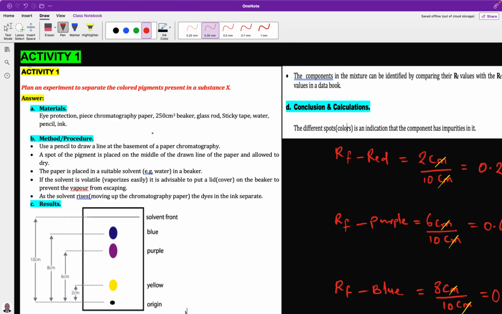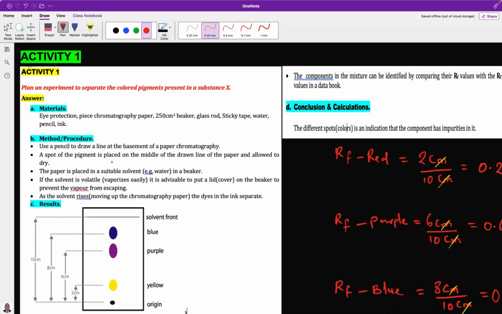Now, what is the method and the procedure used in this? In your experiment, outline it: material, method, and procedure. On your procedure, outline clearly the stages. 1. Use a pencil to draw a line at the base of the chromatography paper. 2. A spot of the pigment is placed on the middle of the drawn line of the paper and allowed to dry.